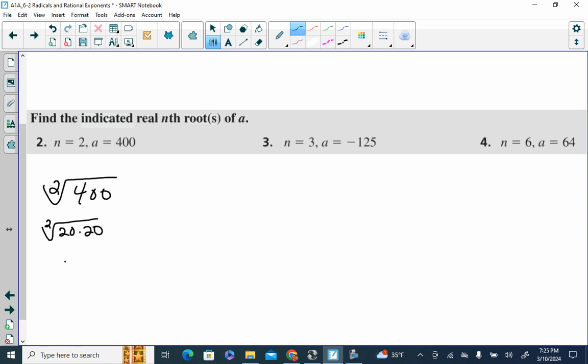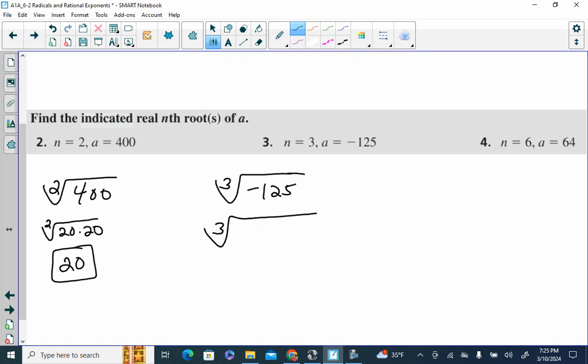So the square root of 400 is 20. Problem 3, we want the cube root of negative 125. What number used as a factor 3 times gives us a product of negative 125? That's going to be negative 5 times negative 5 times negative 5. So the cube root of negative 125 would be negative 5.